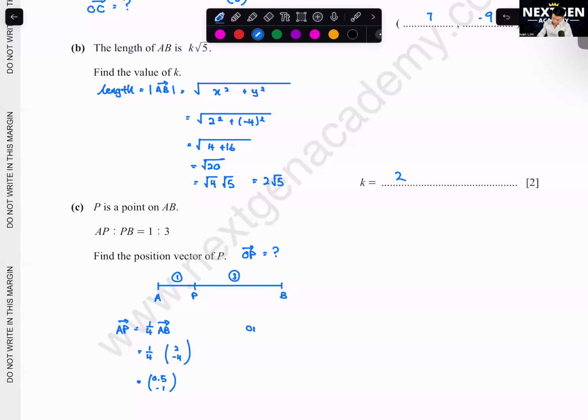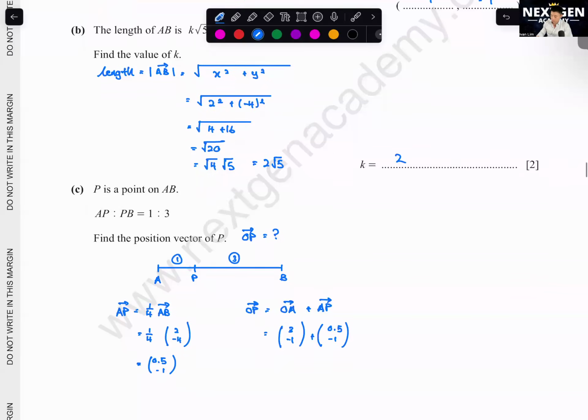How to find OP? OP, we can say it's OA plus AP. Okay, what is OA? Given to us in the question, 3, negative 1. AP, we just calculated here, 0.5, minus 1.